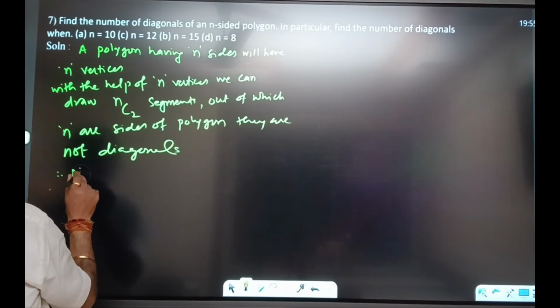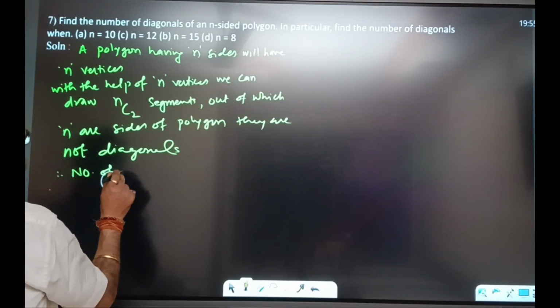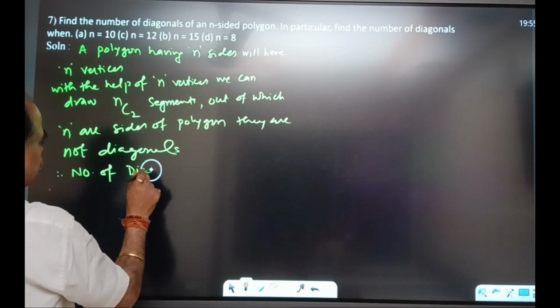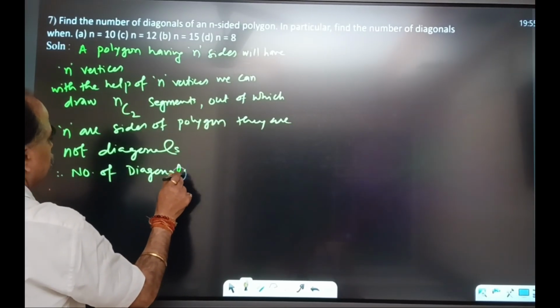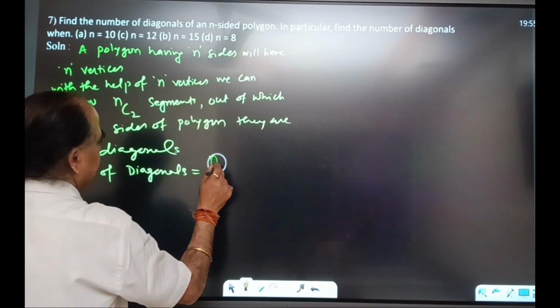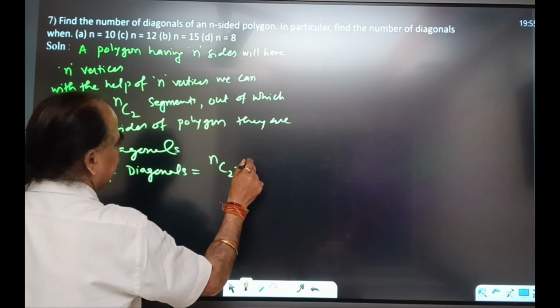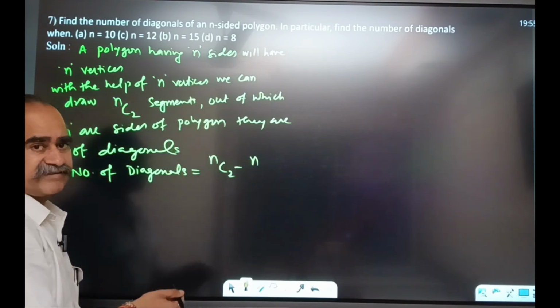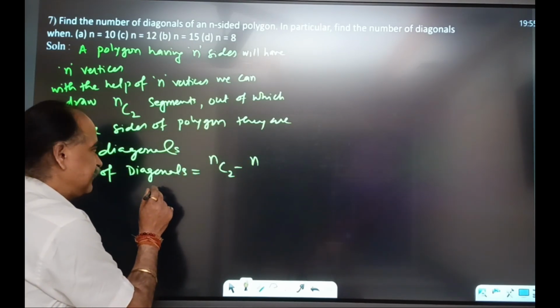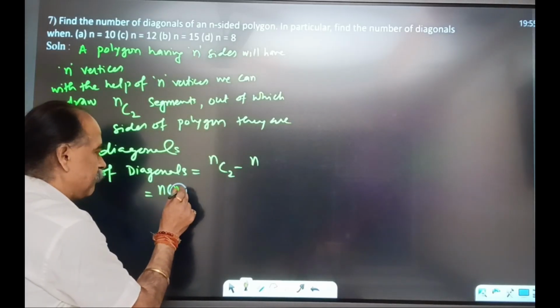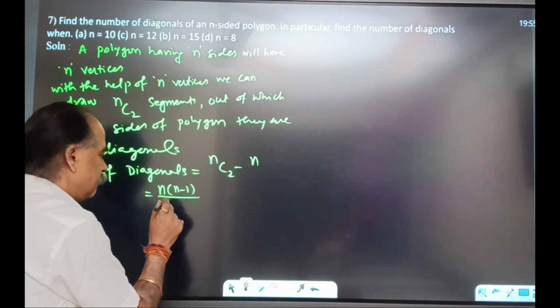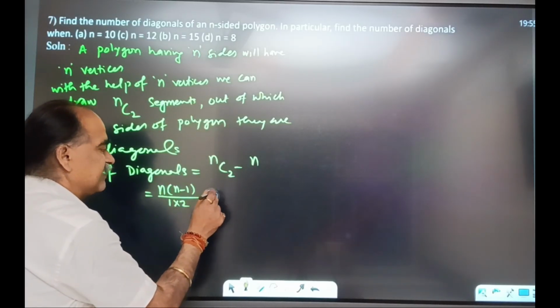Therefore, the number of diagonals will be nC2 minus n. Now let us simplify. nC2 is n into n minus 1 upon 1 into 2, minus n.